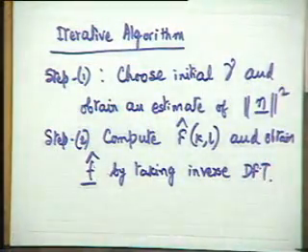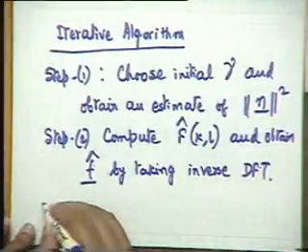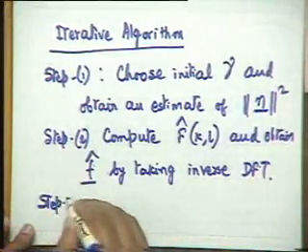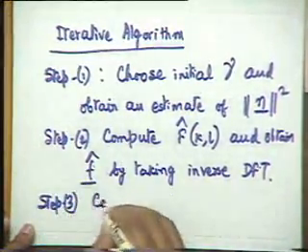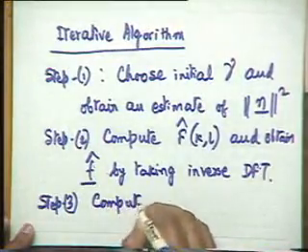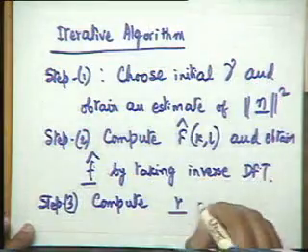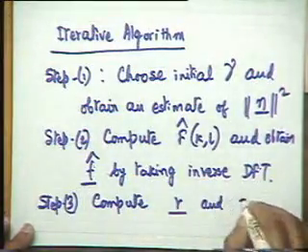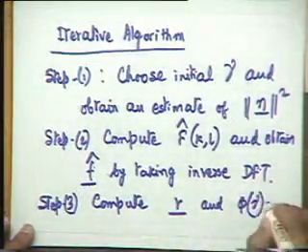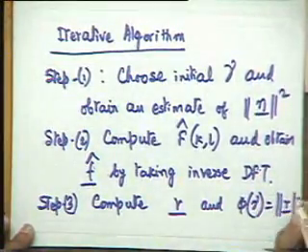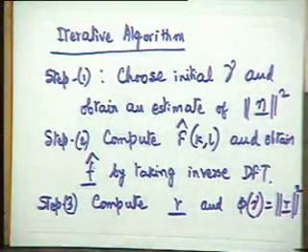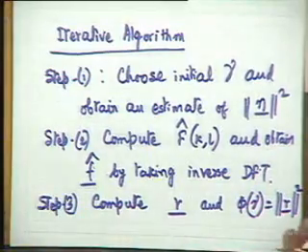Alright. Now in step 3 we are going to compute the residual vector R, and subsequently we are going to compute phi gamma as norm of R square. Agreed? Okay.